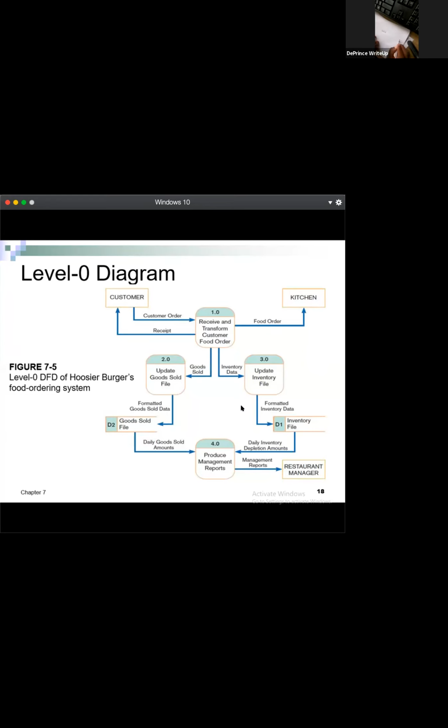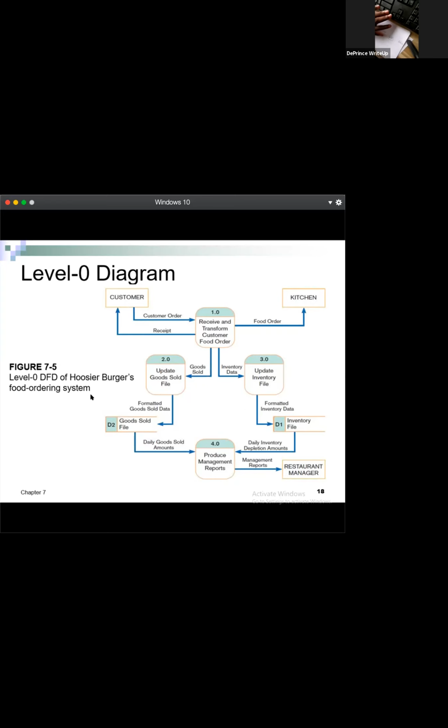We have our kitchen. And then what happens in that process? Because now we don't want the entire system, we want to break down these processes into smaller processes, okay? 1.0 now, receive and transform.